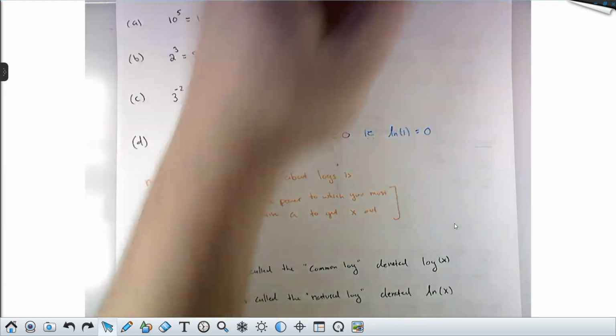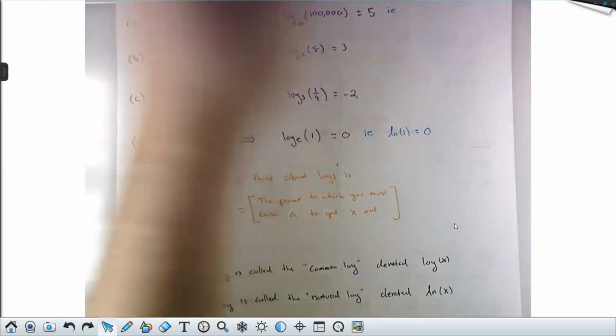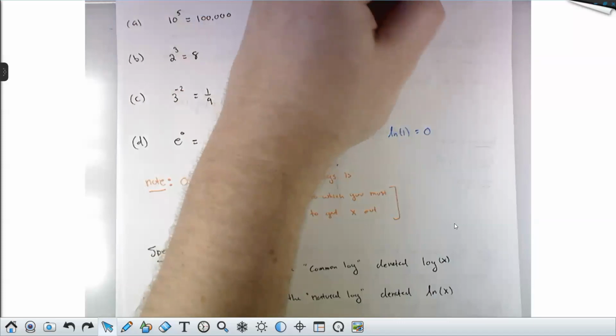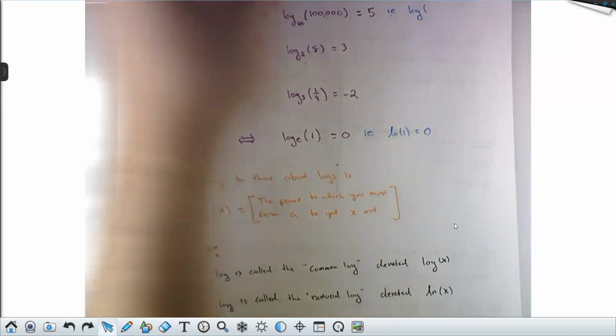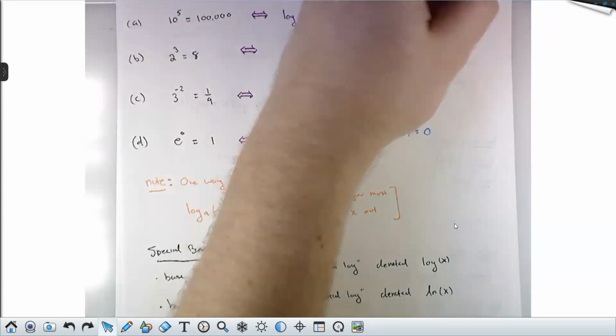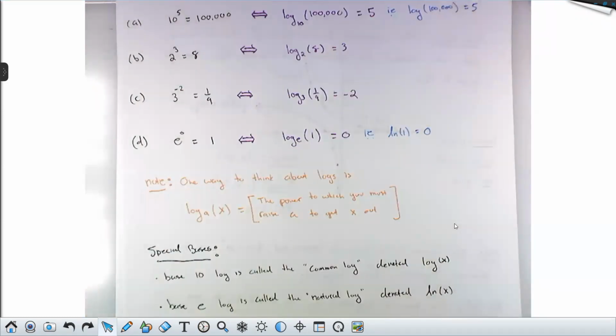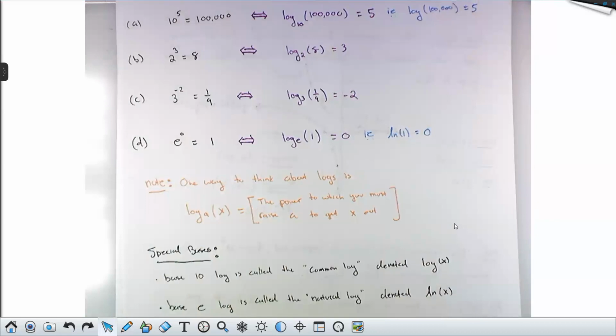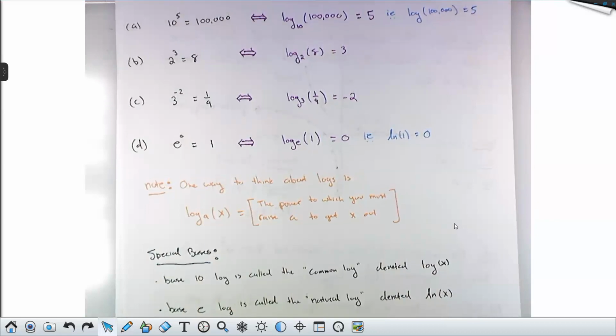And if I wanted, I could write this top statement as log without any base written of 100,000 equals 5. And those would communicate the same thing. So if you see log without any base, that's the base 10 log. If you see ln, then that is the base e log. Any other time you encounter logarithms, the base will be written explicitly.